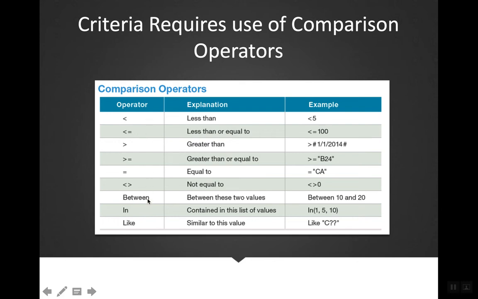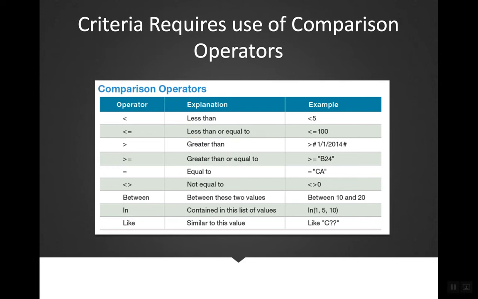Other things we can do: if you have a less than, greater than sign together, that means not equal to. So if you're looking for everything that does not have a 0 in it, you use that as the qualifier. A between can be used to identify a range, something within a range.